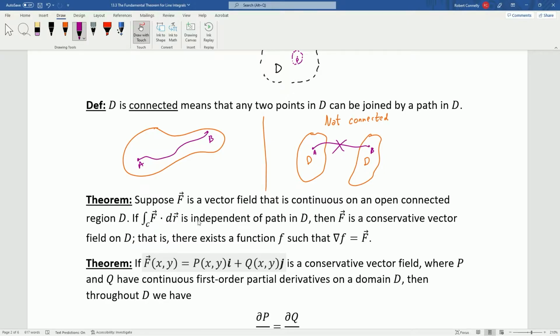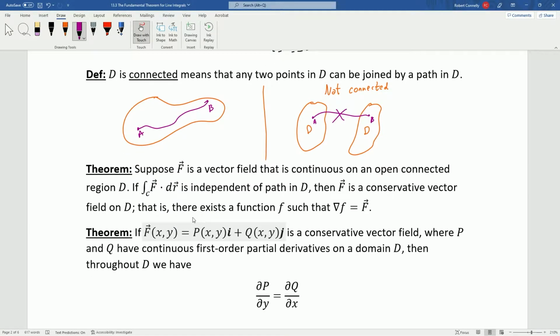If the integral is independent of path in D, meaning that from any 2 points A to B in the path you get the same value for the integral, then F is a conservative vector field on D. That is, there exists a function little f such that the gradient of f is equal to the vector field F.